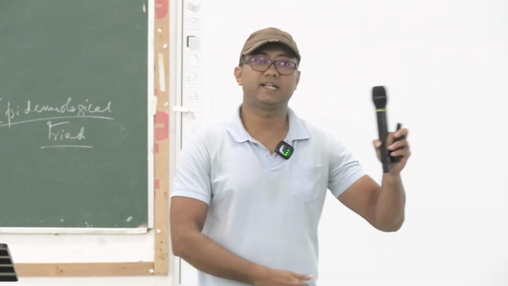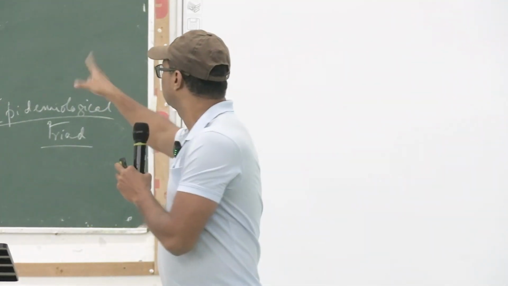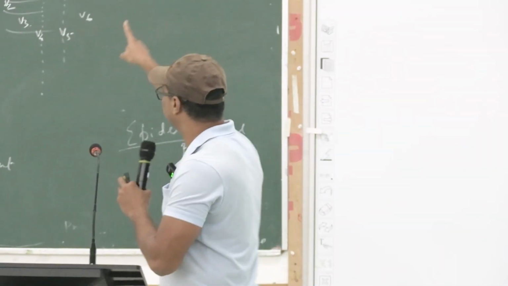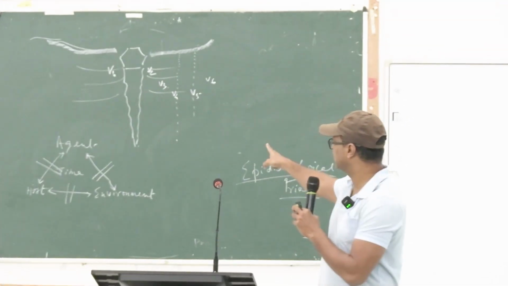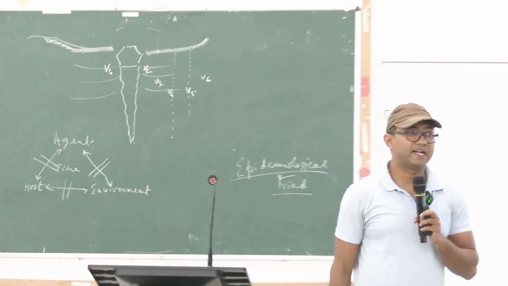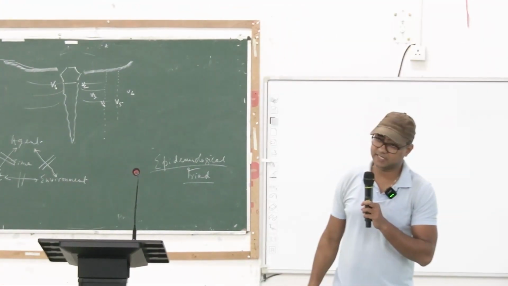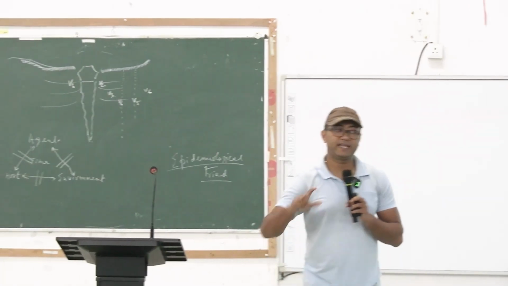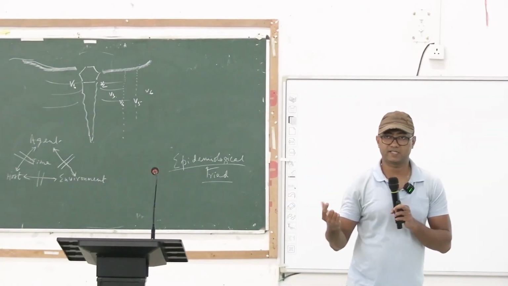So, mid-clavicular line we put V4, anterior axillary line V5 and mid-axillary line V6. We will again practice this during our practical session.